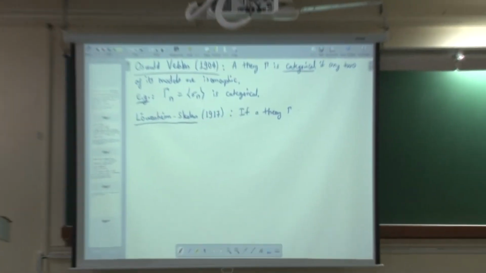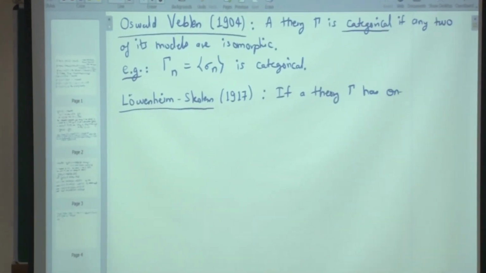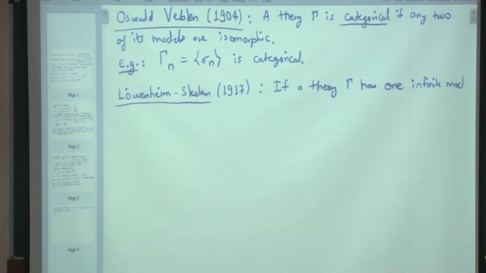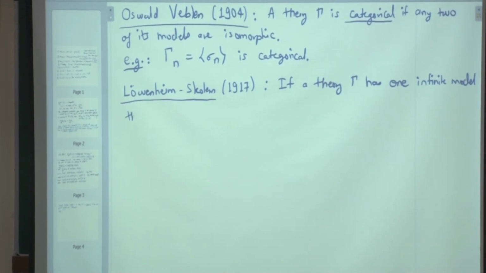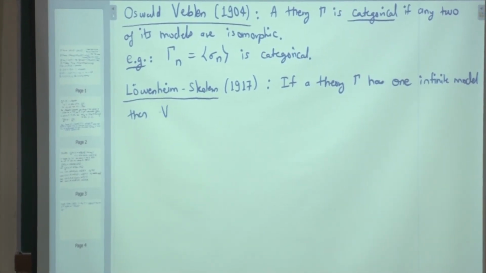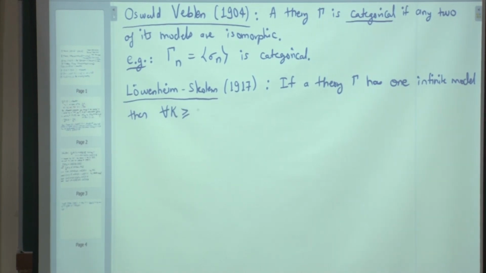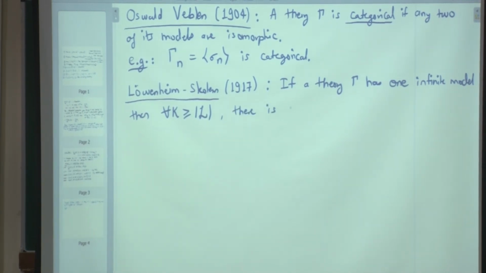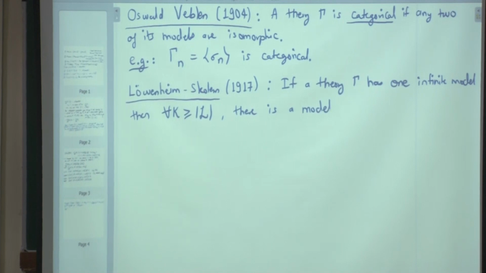Yeah. If a theory gamma has one infinite model, then for all kappa bigger or equal to the size of L, there is a model of size kappa.